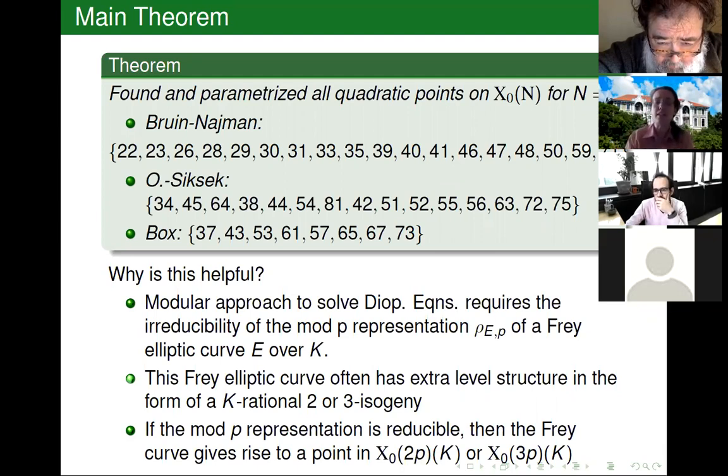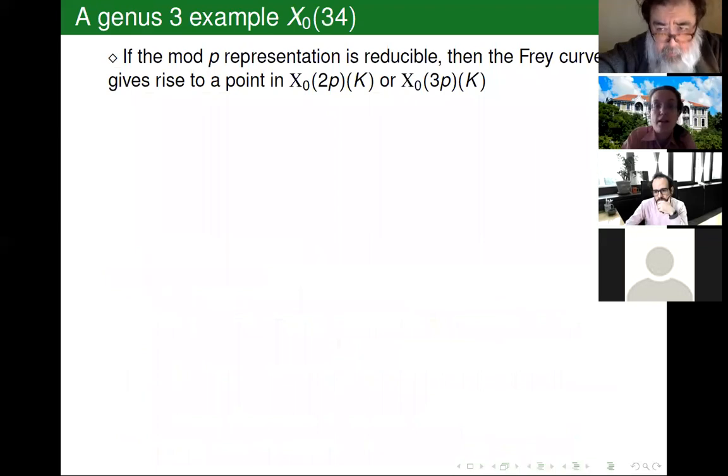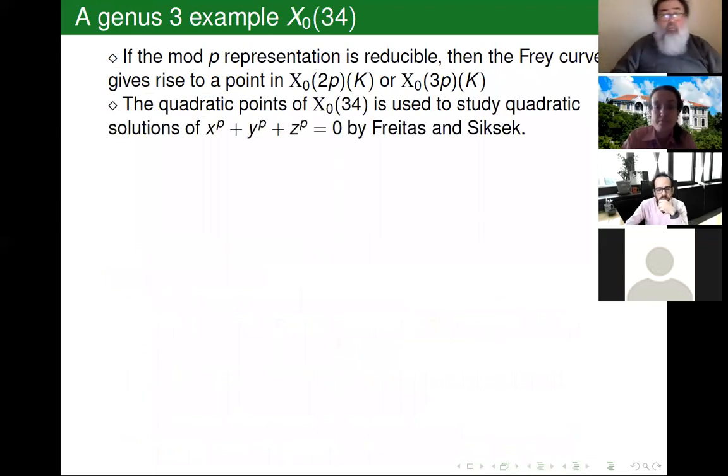So understanding the K-rational points on these modular curves of small level is helpful in the case of solving Fermat type equations, or even the classical Fermat equation, over quadratic number fields. And this has been, for example, applied by Freitas and Siksek to study quadratic solutions of the classical Fermat equation.